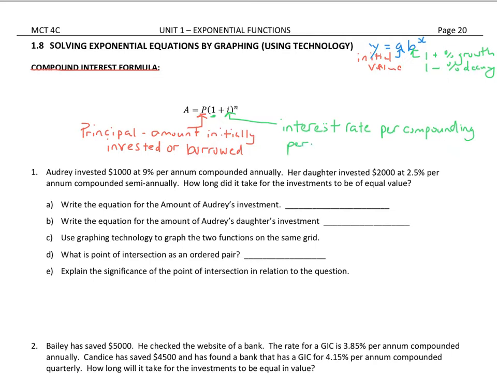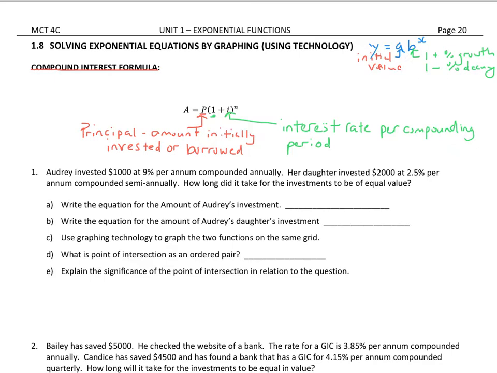So, for example, if you have an annual rate, your I value is just going to be that annual rate. But if you had your interest being compounded semi-annually, it means it's compounding twice per year. You would take your annual rate and divide it by 2, because there's two. It needs to be broken up into 2 pieces over the course of the year.